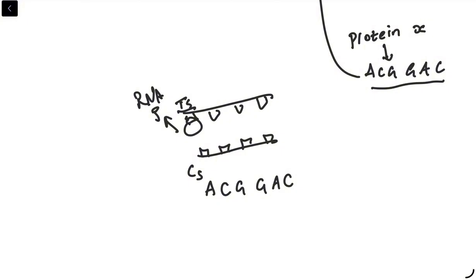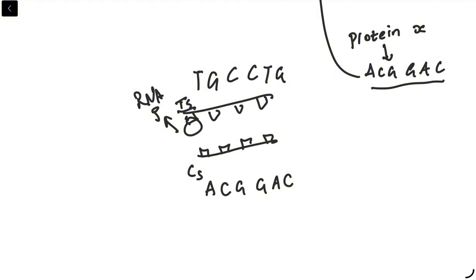Ignoring RNA polymerase for a second, the template strand will have the complementary sequence to the coding strand, because in DNA both strands have complementary base sequences to each other. So if the coding strand has this sequence, the template strand will have the opposite: A pairs with T, C pairs with G, G pairs with C, and so on. This will be the sequence on the template strand, and together these strands make up DNA.